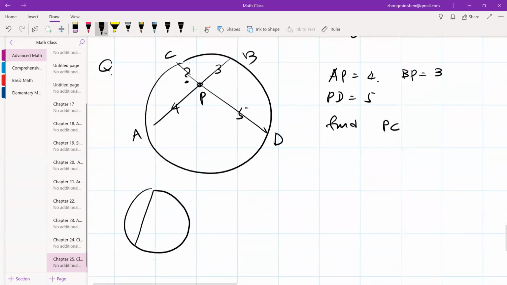Suppose this is alpha, this is beta, this is alpha. It's fixed. Beta equals half of alpha. And no matter where you choose the angle, this is always beta because alpha is fixed.